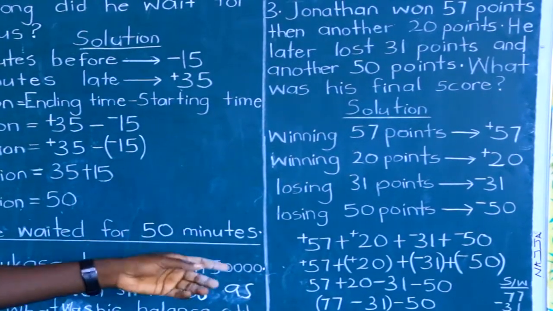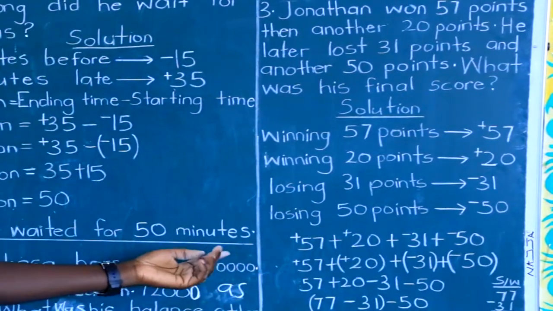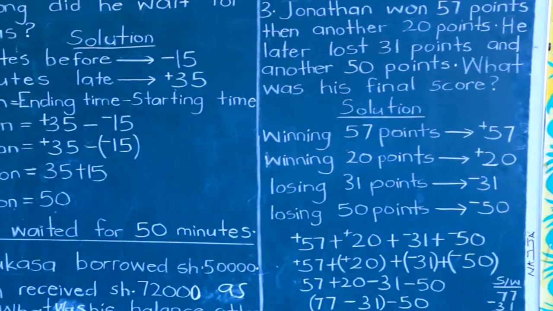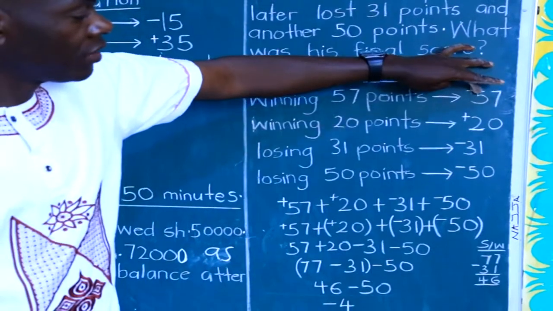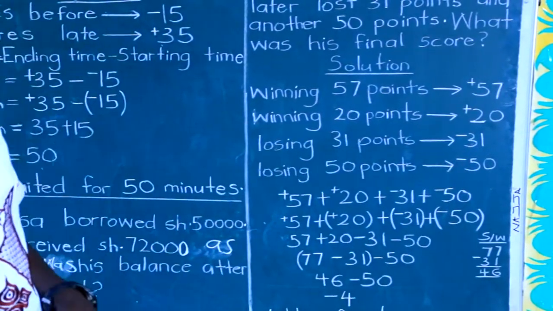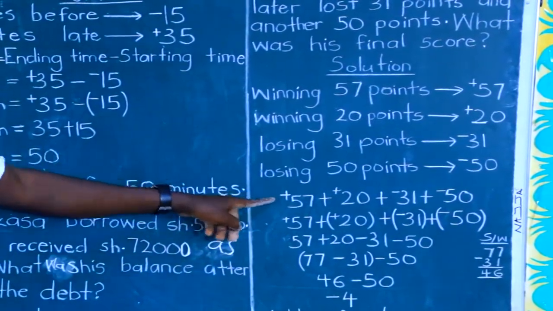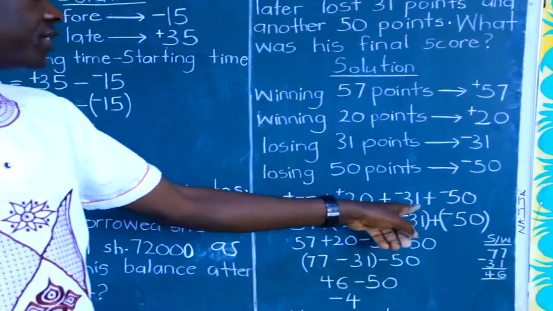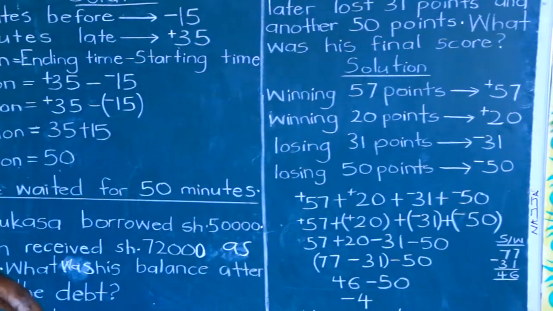And now you are going to form the statement of mathematics, following the flow of the happening of the events. So positive 57 comes first, before positive 20, before you deal with these two negatives. So follow that order. Hence, positive 57 plus positive 20 plus negative 31 plus negative 50 as the statement to be written in mathematics.